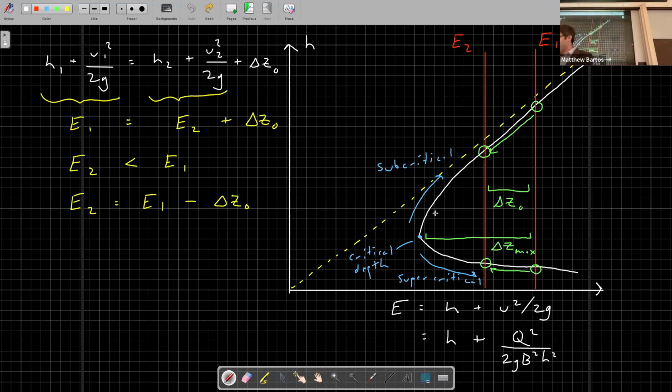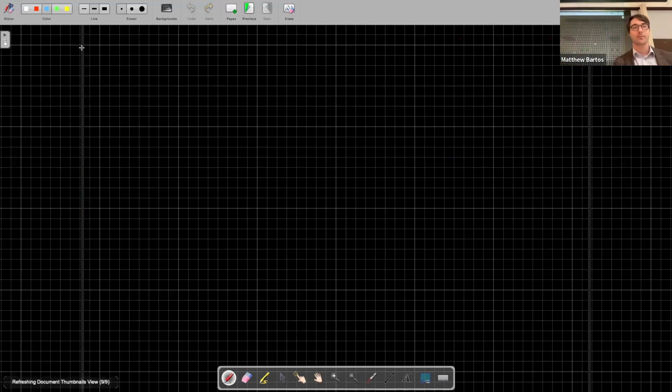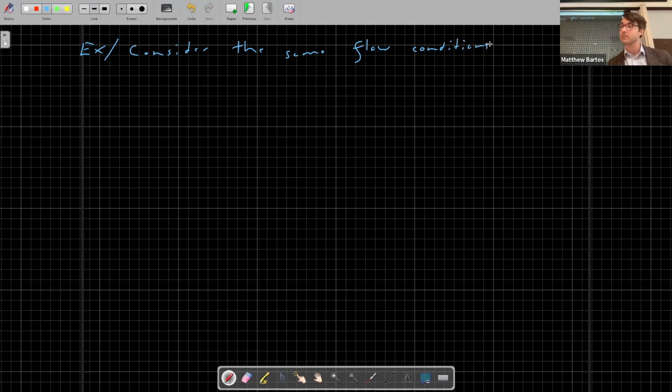So let's go ahead and take a look at that problem. What I want you to do is consider the exact same flow conditions, the exact same channel setup, as the previous problem.